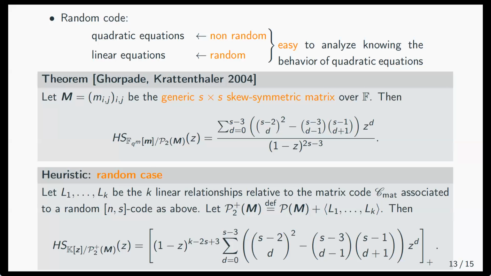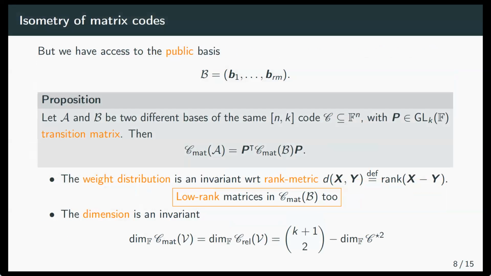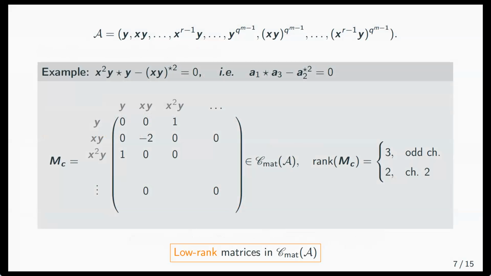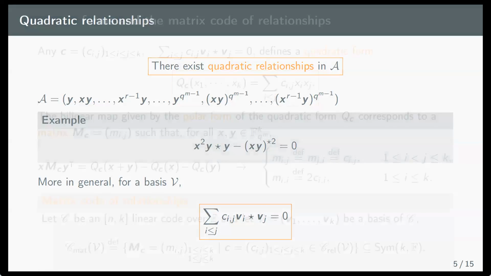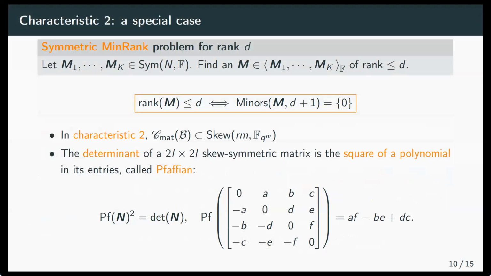Yeah, I mean, one could still use the minor modeling, and the basic idea works in the same way. So if you solve the polynomial system associated with this ideal, you still are able to distinguish, or solve the polynomial system and find low-rank matrices.